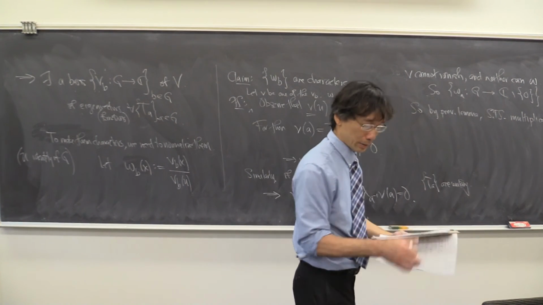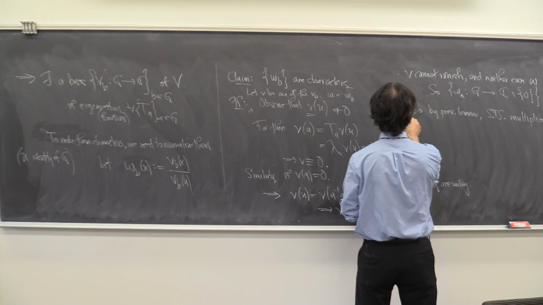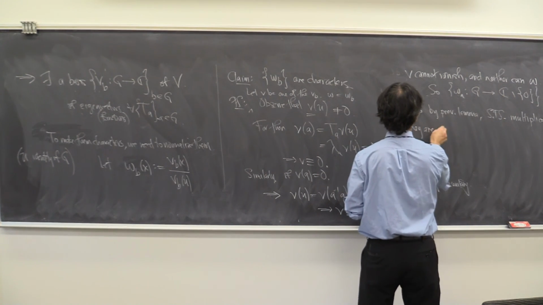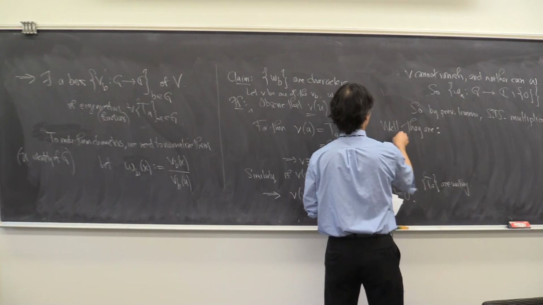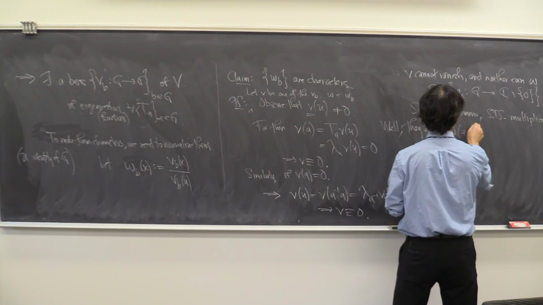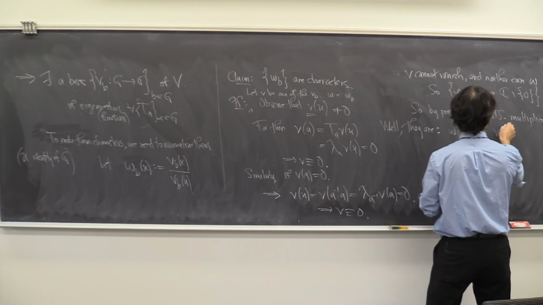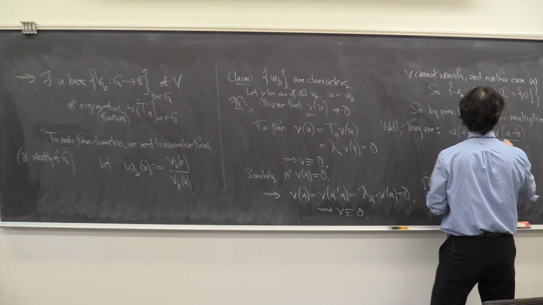Well, they are. Because if you look at W of A times B, by definition that is V of A times B, normalized.